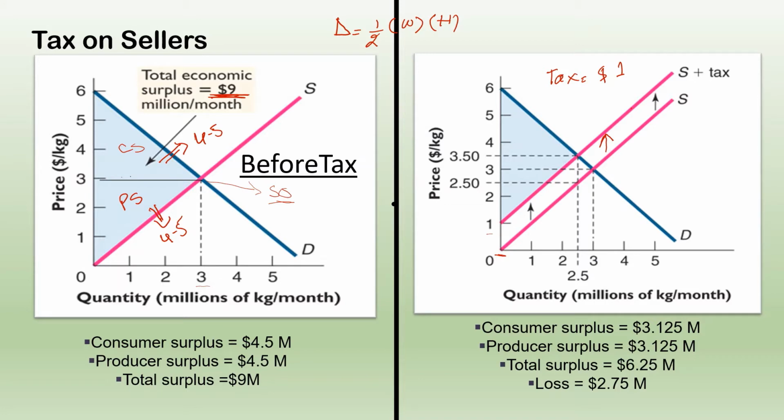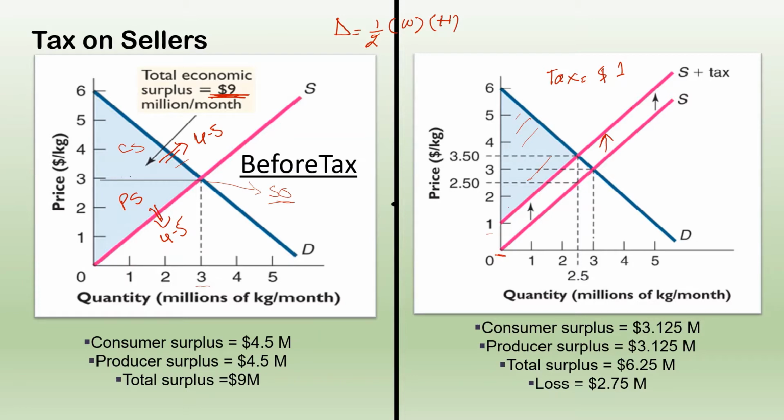Okay, now you can see that the total economic surplus can be equal to the area of this blue triangle, which is of course smaller than this triangle before tax. So we can guess that the total economic surplus after tax is going to be lower.